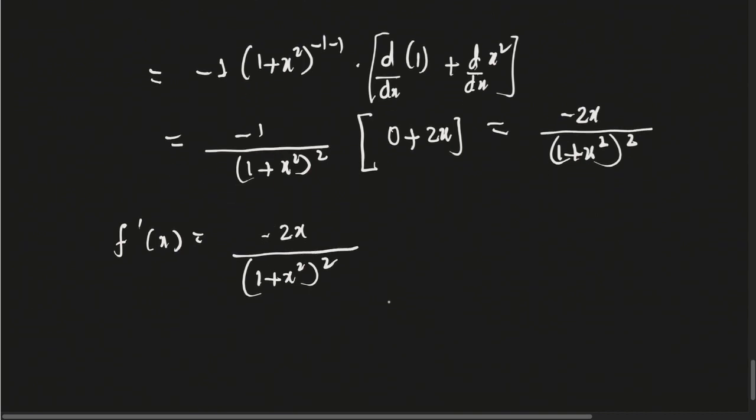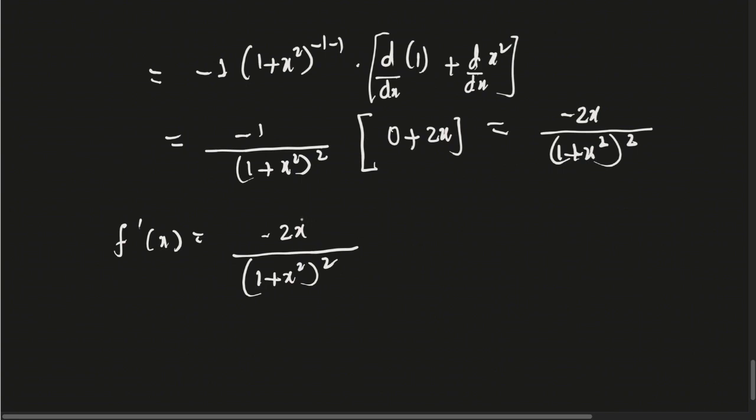So you can see that f dash x is not always greater than 0 or always less than 0. If x is greater than 0, then f dash x is less than 0, because we have a negative sign. This denominator is a positive quantity because it is a squared term, but the numerator is not squared, so it may be positive or negative.